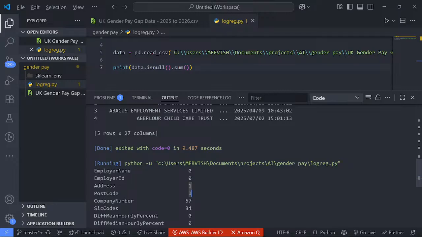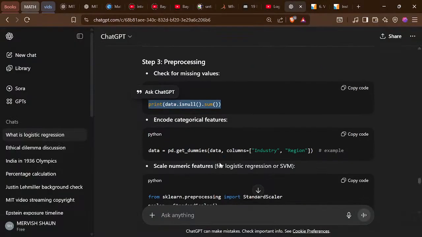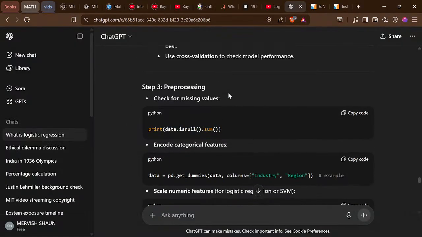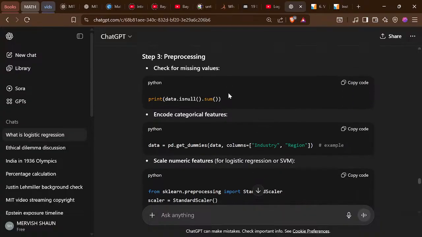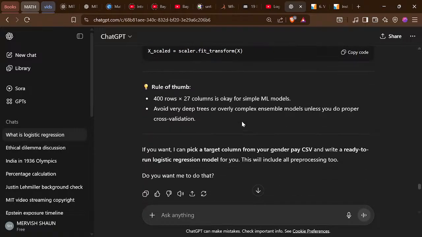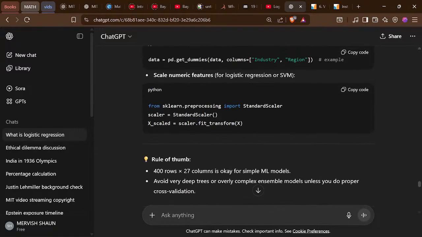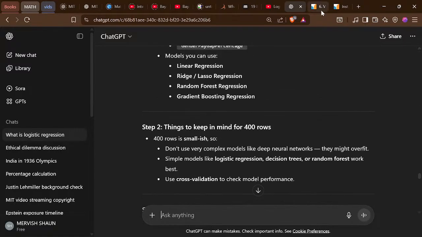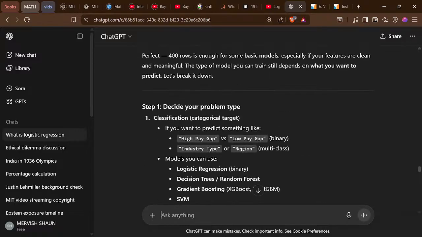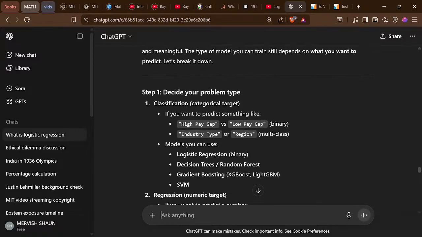It's probably the same person too, isn't it? Pre-processing, I need to check for missing values and see how they do it. Encode categorical features. I don't actually want that. Classification. Okay.